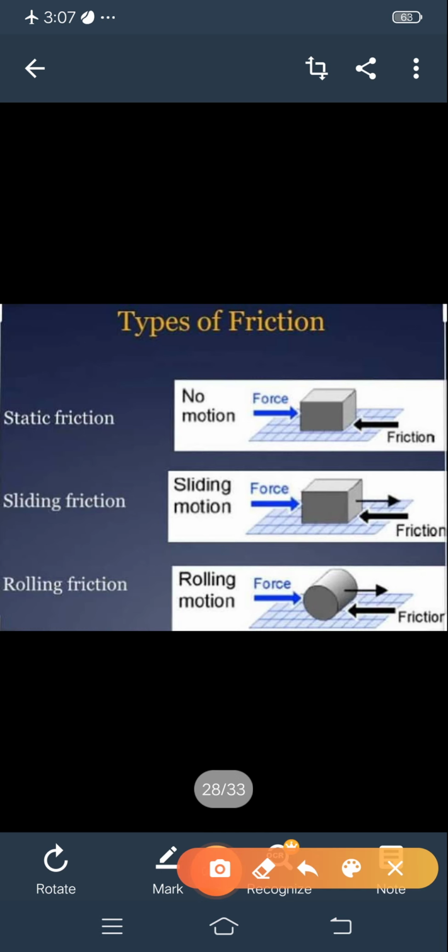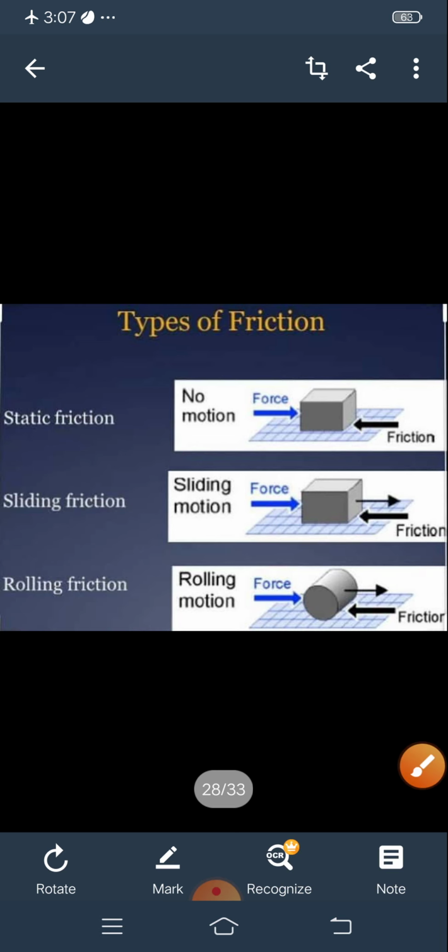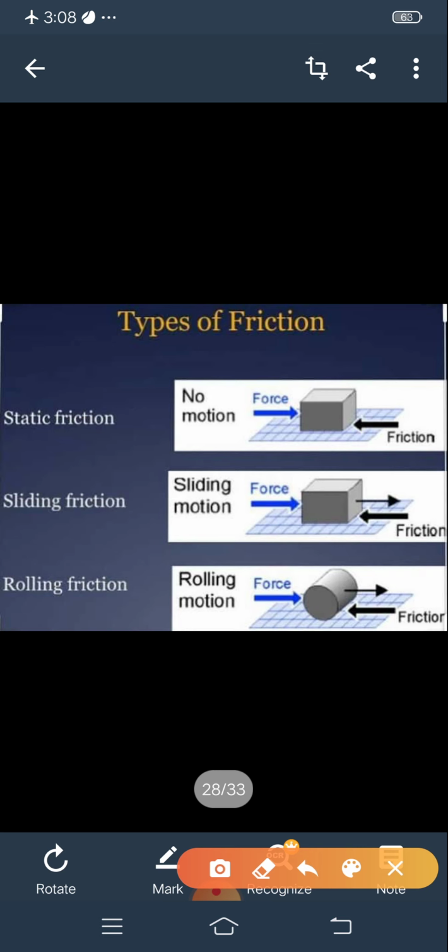So we have to compare these three diagrams. What do you mean by static friction? Static friction means no motion. There is no movement, it is in rest position, yet force is applied and friction works. Next, sliding friction. We slide, apply force, and friction is produced. And rolling means it keeps going round and round. While rolling we apply force and friction is produced. So these are the three types: static friction, sliding friction and rolling friction.